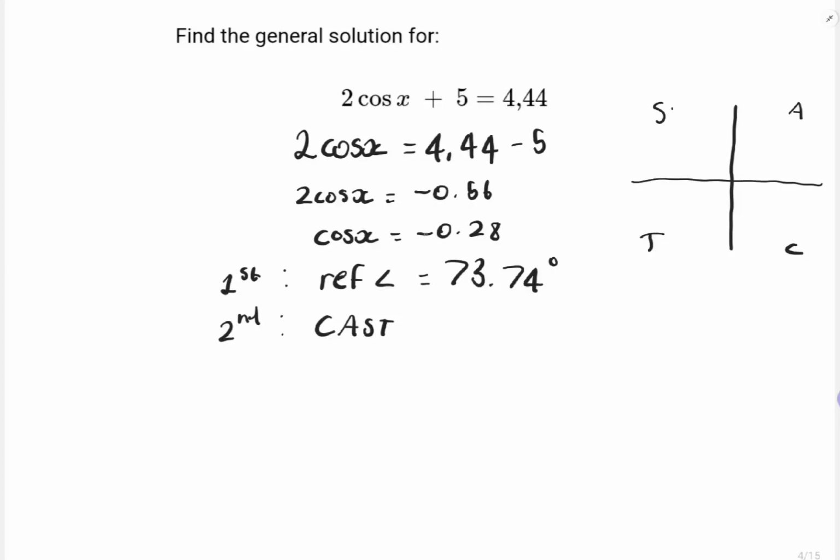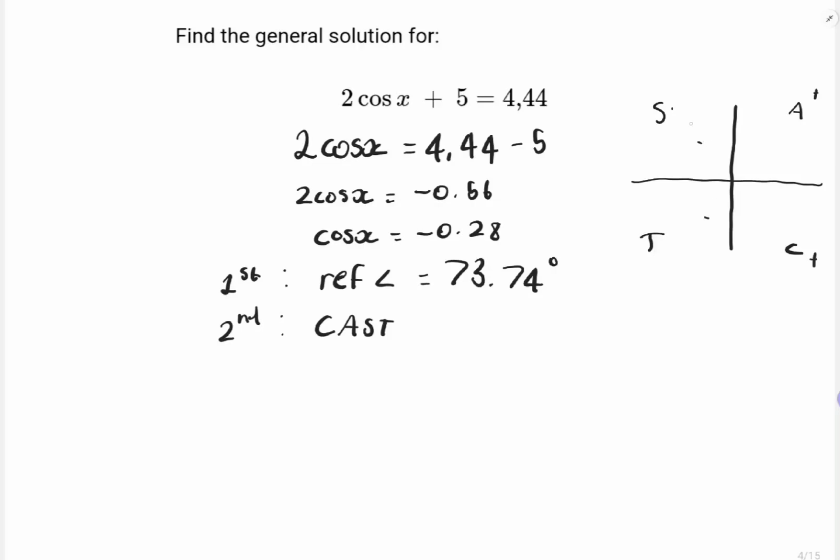As you can see here, we're given negative 0.28, right? So in which quadrant is cos going to be negative? We know that at the All quadrant everything is positive. At the Cos quadrant cos is going to be positive. But at the Sine and the Tan quadrants cos is going to be negative, because only at the Sine quadrant will sine be positive. Only at the Tan quadrant will tan be positive. So it's going to be here and here.